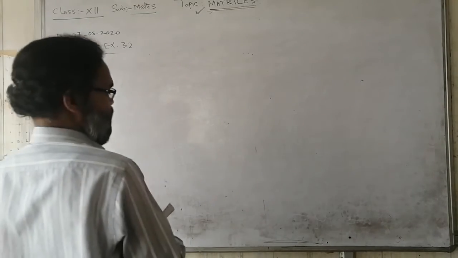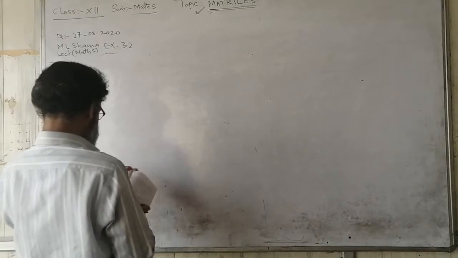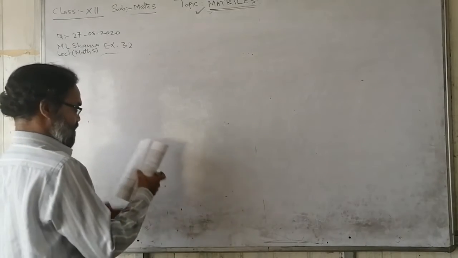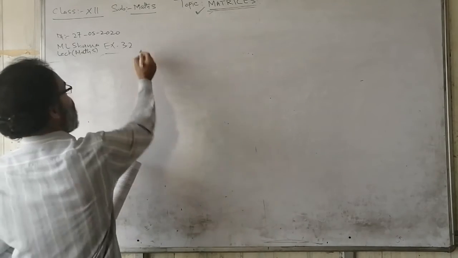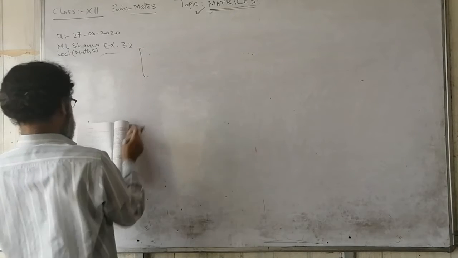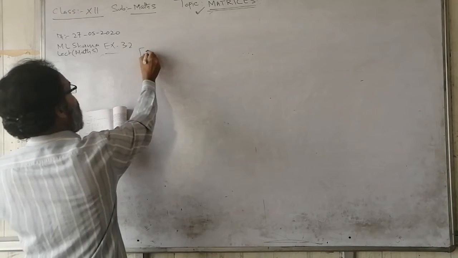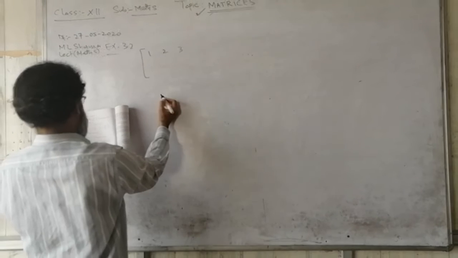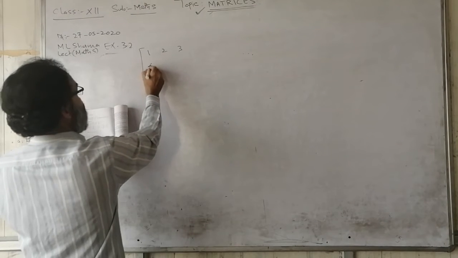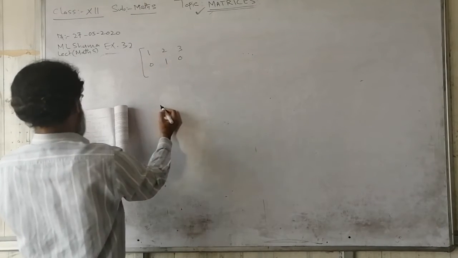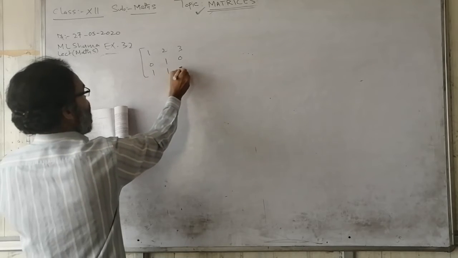So another question, it is you have to check two matrices are given whose elements are 1, 2, 3, 0, 1, 0, 1, 1, 0.